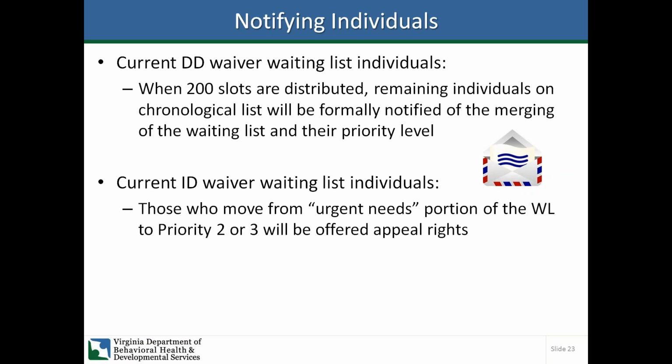And then as soon as we have made all of those contacts and essentially distributed or assigned those new slots, then we will be sending out letters to individuals about the prioritization. There's not really a need at this point to let people know anything about their number after this point, because that will be irrelevant. They will no longer be on a waiting list based on chronology, but will be based on their priority 1, 2, or 3.